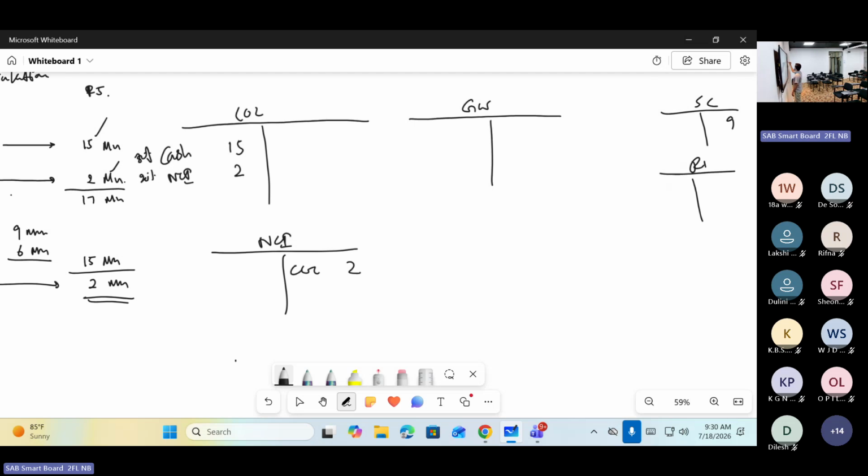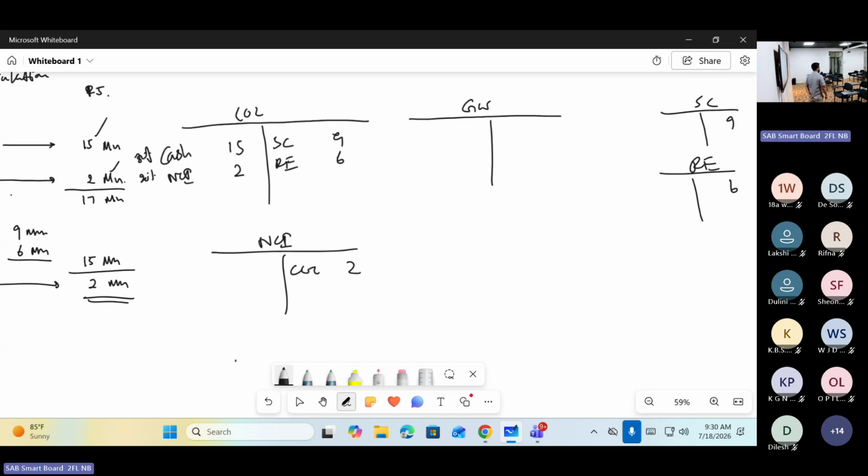Retained earnings 6 million. What are we going to do then? Debit these two accounts, credit to here. Stated capital 9 million, retained earnings 6 million.